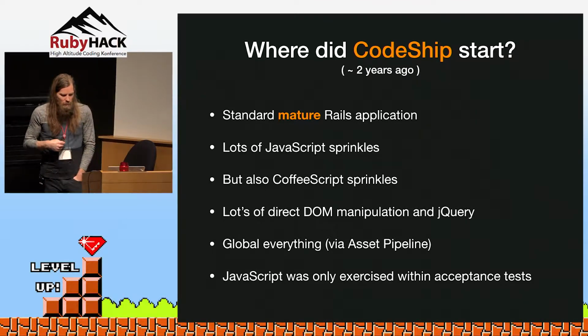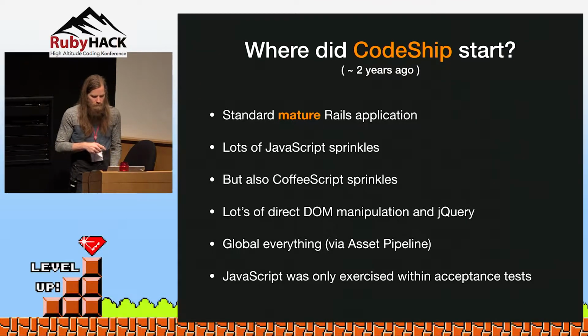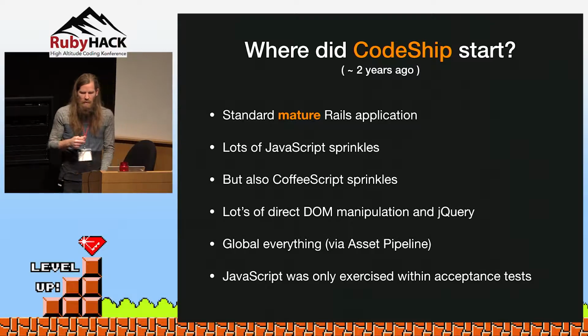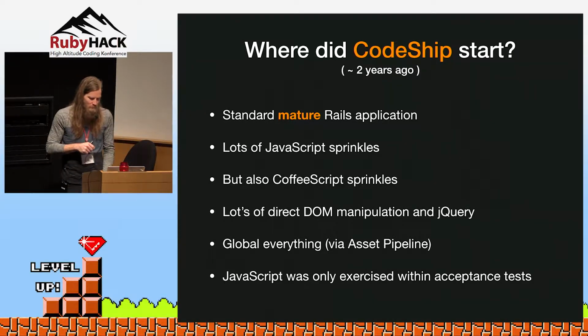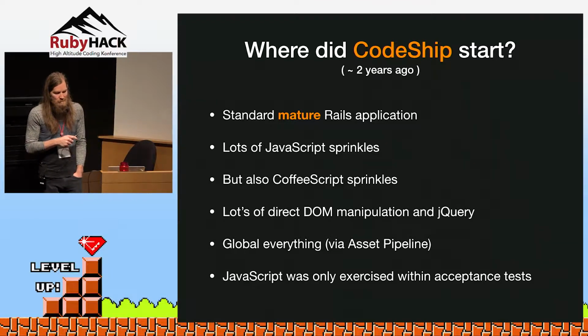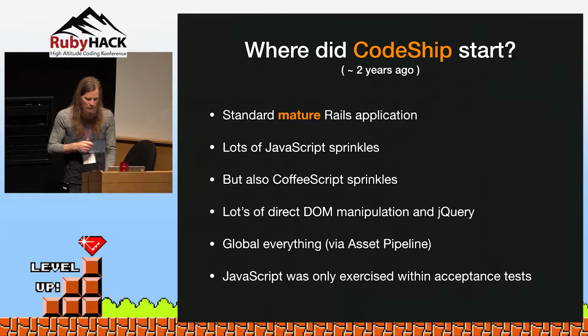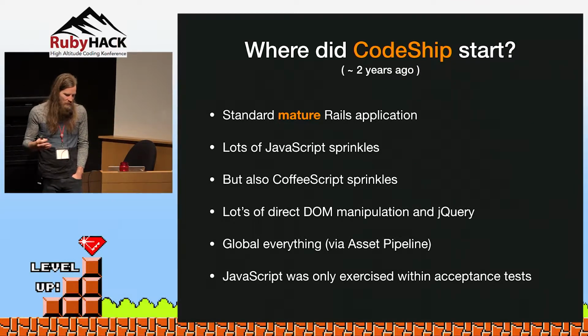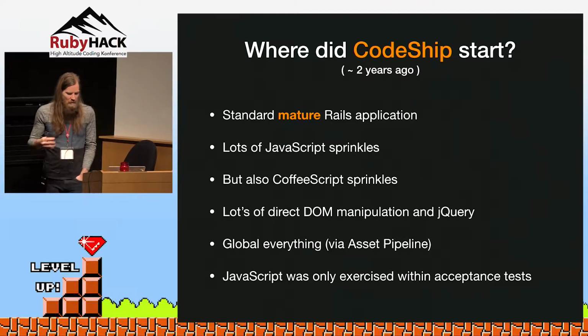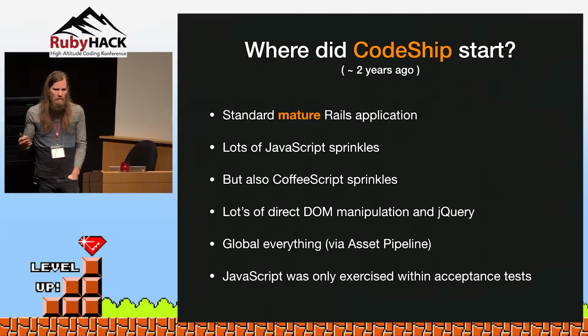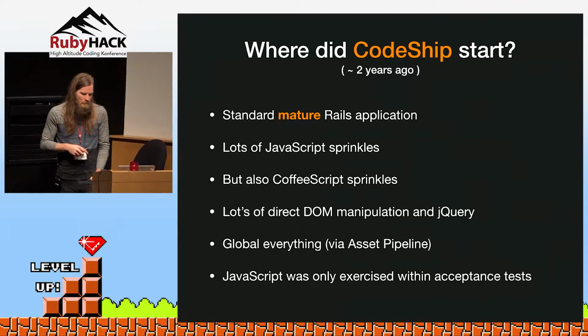So where did we start in real terms? If you can't look at this list and identify with it, you can at least get a little bit of nostalgia, I'm sure. We had ourselves a 5-year-old Rails application, and as I like to call it, a mature Rails application. jQuery all the things, everything is global, even with some jQuery UI goodness mixed in there. We had no meaningful test coverage over this JavaScript outside of our Capybara acceptance tests.